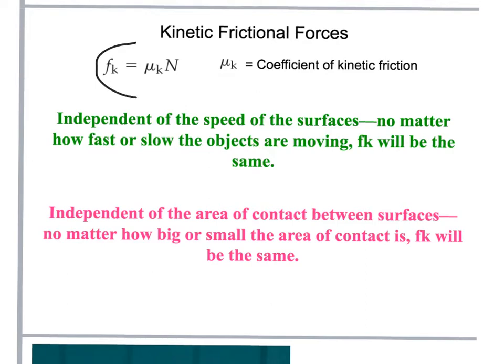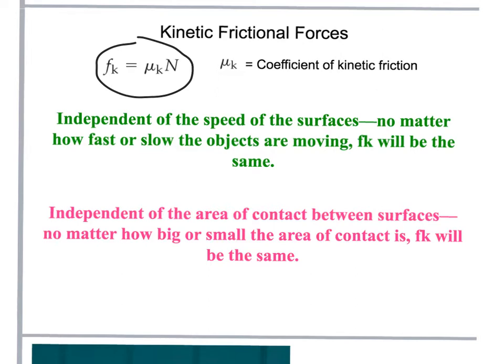So if we take a look at our equation here, is there an area in this equation? No, there isn't. And is there speed in the equation? No. The only things in this equation are mu sub k and the normal force.